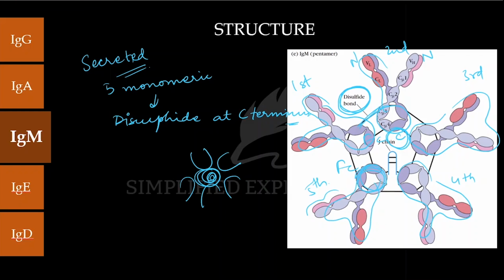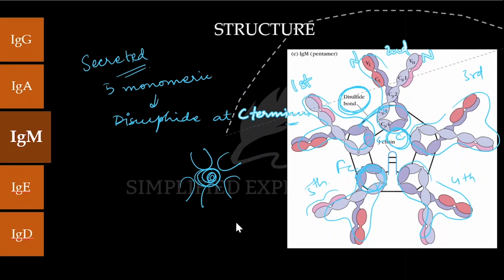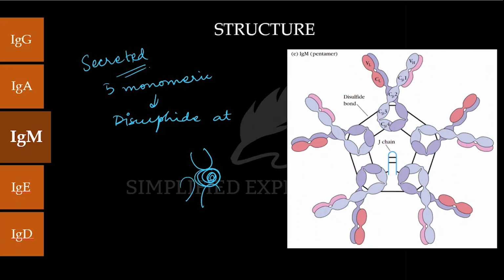And the antigen binding sites, how many antigen binding sites are present? Let me first erase this so we can have a clear understanding. So here we can get to know how many antigen binding sites there are. 1, 2, 3, 4, 5, 6, 7, 8, 9 and 10.